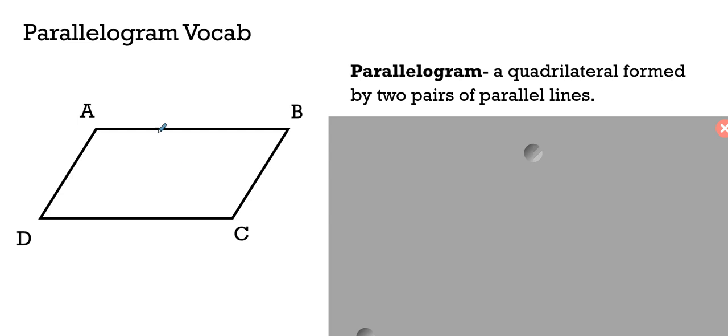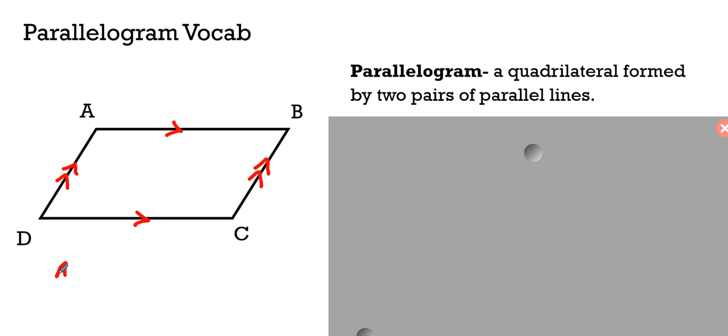We always want to make these determinations not by what they look like, but rather by what we know. So what could you be given to show that this is a parallelogram? Well, I could come right out and just say ABCD is a parallelogram. Or you could have marks like this. Remember, you have two parallel marks on one pair and one on the other, because if they had the same mark on all of them, it would mean they're all parallel to each other, which is clearly not the case.